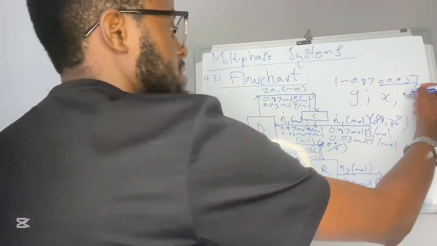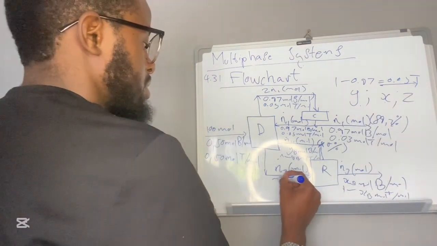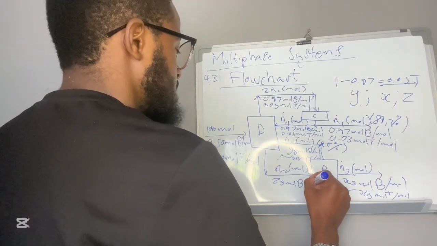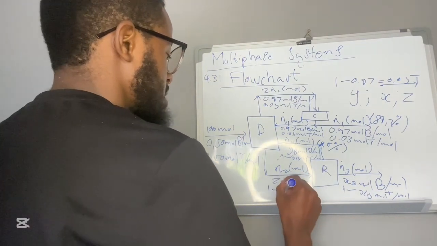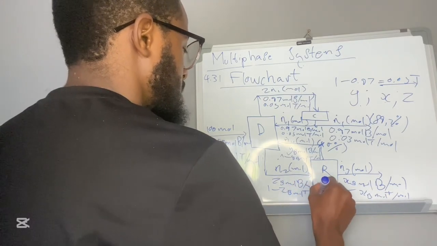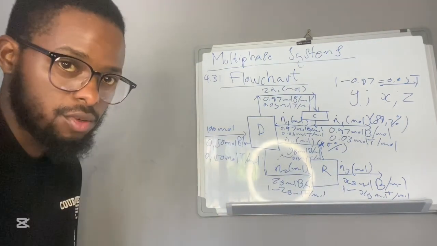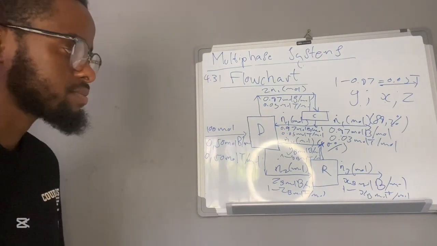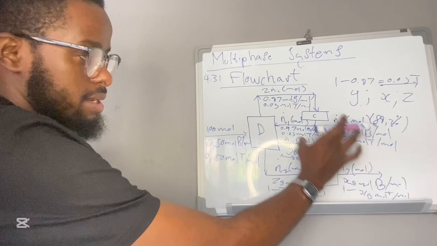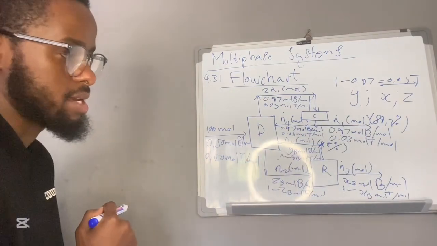We'll assign it as letter Z. So this will be letter Z mole benzene per mole, 1 minus Z toluene per mole. I don't know if you guys can see that, but yeah. So this component right here is equal to that component plus that component right here.